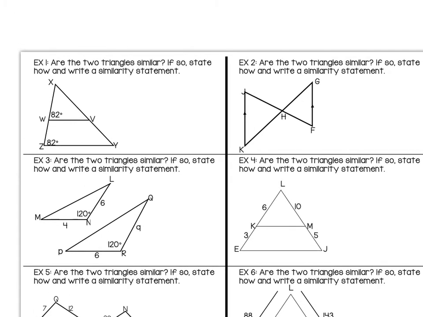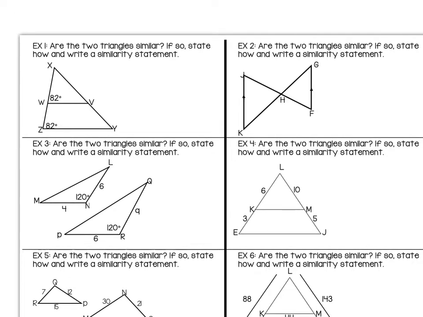So now we're going to look at a few problems. Are the 2 triangles similar in example 1? That's really the question we're going to ask in everything. So when we look at a problem like this, what we want to do is imagine 2 triangles. So you have this little guy, and then you have the bigger one around it.